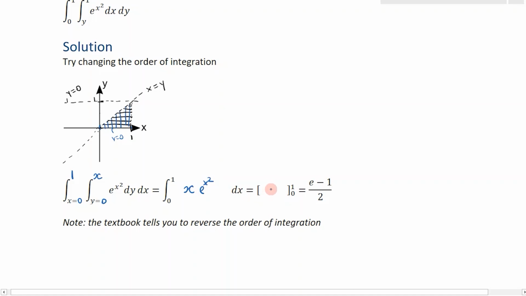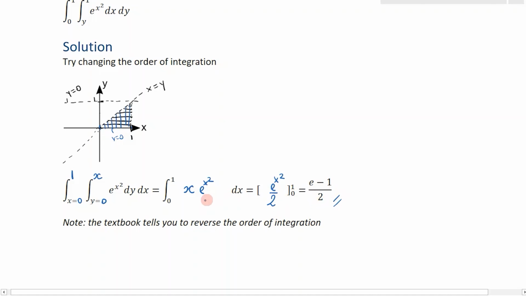So this would be e to x squared, but not quite, because when we differentiate, we'll get 2x. So we need to divide by 2 to fix it. So this would be the antiderivative. And bounds are 0 to 1, so we get e to the 1 squared, so e, minus e to the 0, which is 1, divided by 2.